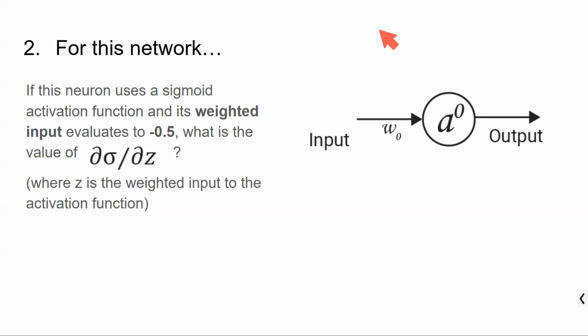Alrighty. If this neuron uses sigmoid activation function and the weighted input evaluates to negative 0.5, what is the actual value of this thing? So, the partial derivative. Now remember, we said the partial derivative is something that we can think of.